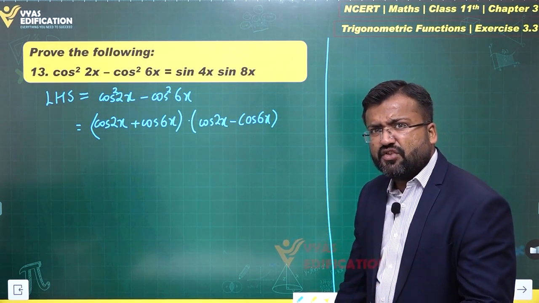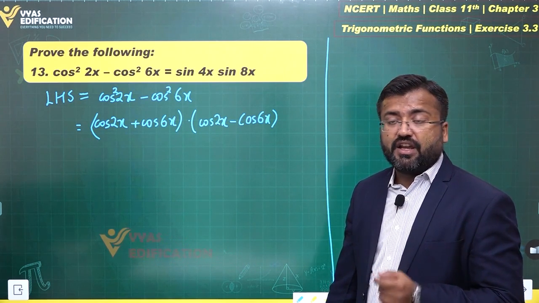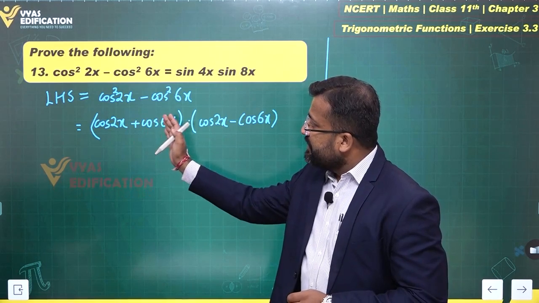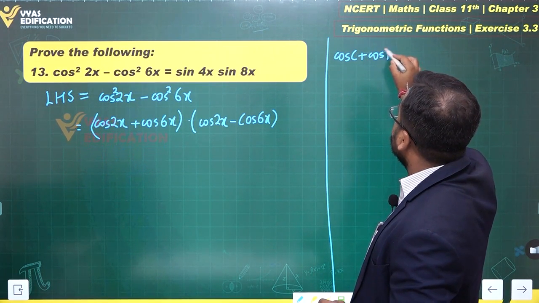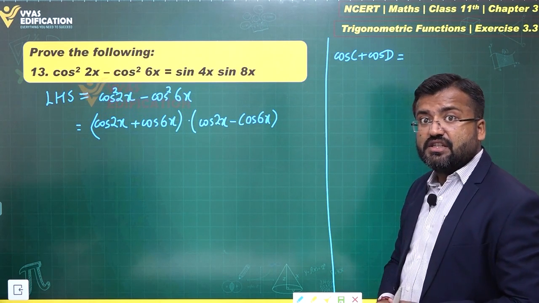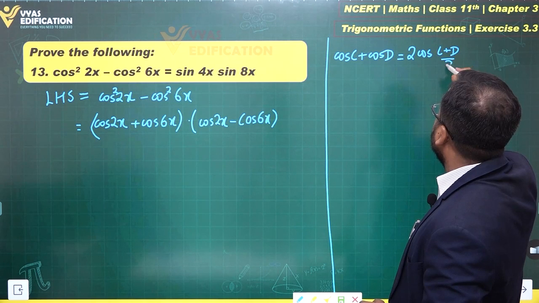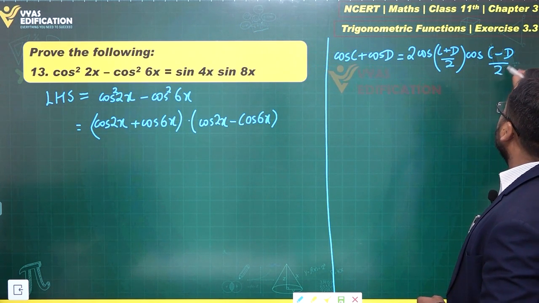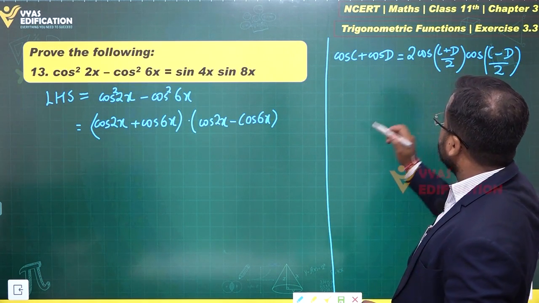What next? I'll require two important transformation formulae. What are those transformation formulae that I would require over here? Cos C plus cos D is something which I require over here. Cos C plus cos D is equal to 2 cos of C plus D by 2 times cos of C minus D by 2. And that is something which is given in your textbook, right? So this is something which you may be aware of.